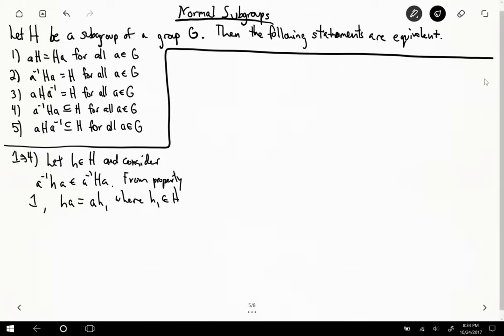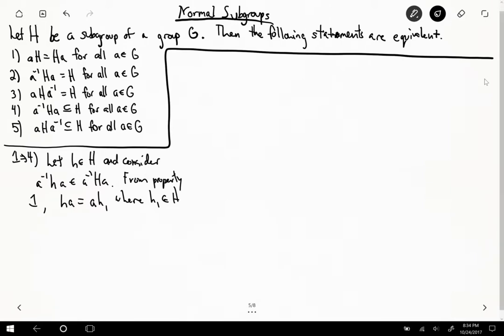Well, notice we have aH equals Ha, right? So that means a times some element in H has to equal some other element, possibly the same, some element in H times a. Okay, so we have that property. Now, h1 is in there. Well, what do you think we're going to do?